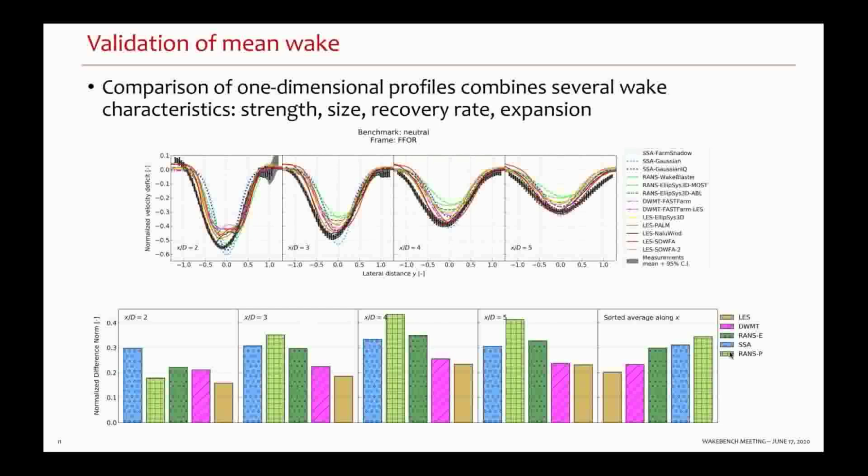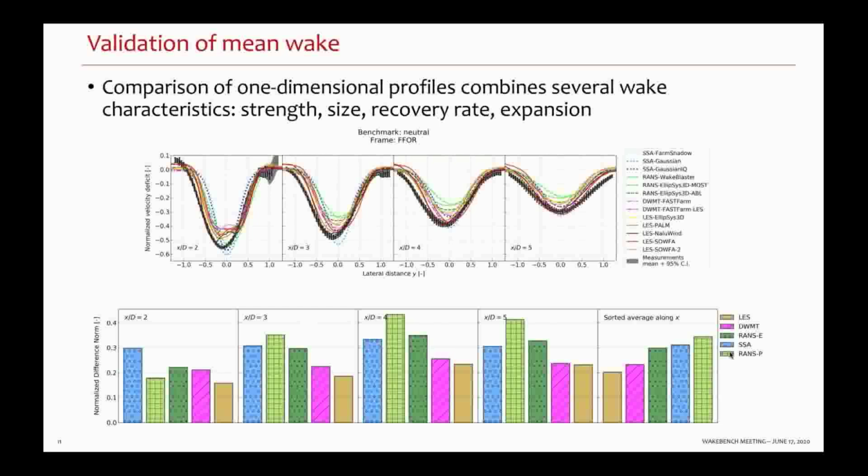And then the black with the bars on it, it's the measurements, and then the different colors are the different simulation approaches. So the blues, where it says SSA in the legend, that's our steady state analytical models. And then we have some RANS in green, dynamic wake meandering type models, which here is only FAST.Farm with 2 different kinds of inflows. That's the pinks. And then the really warm colors are the LES.